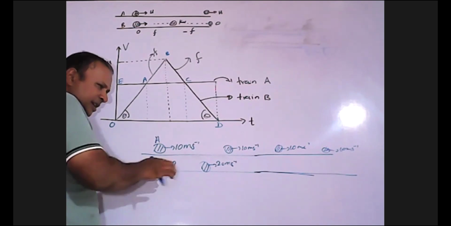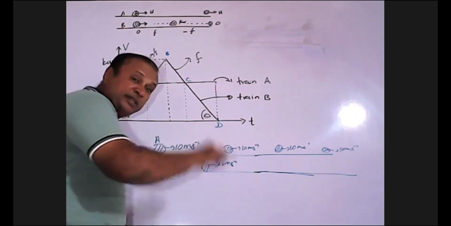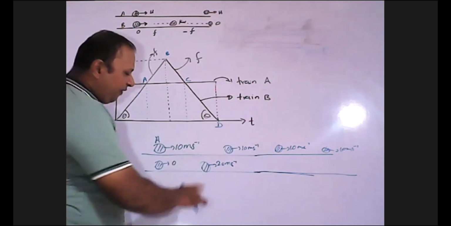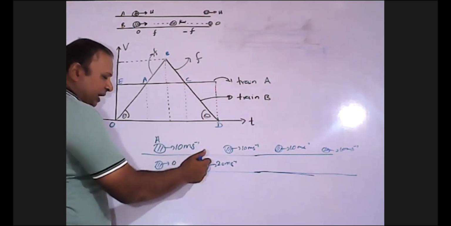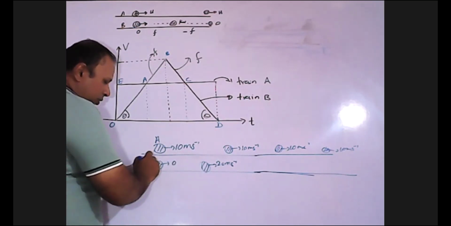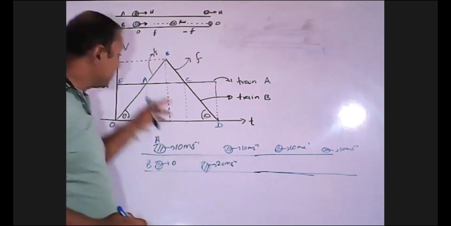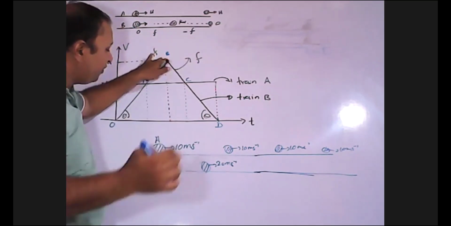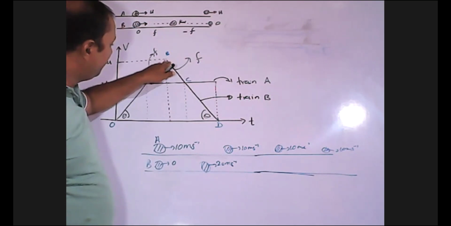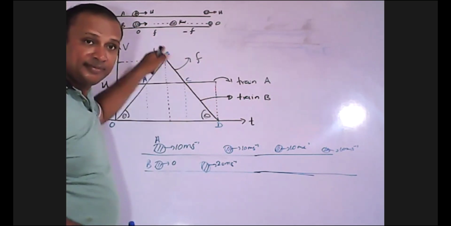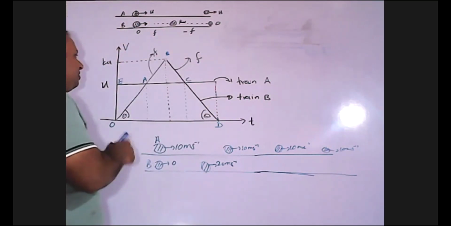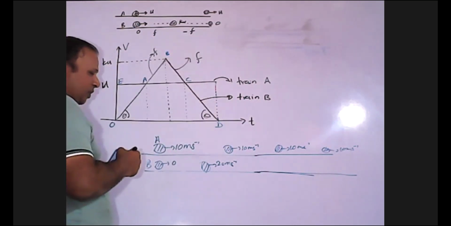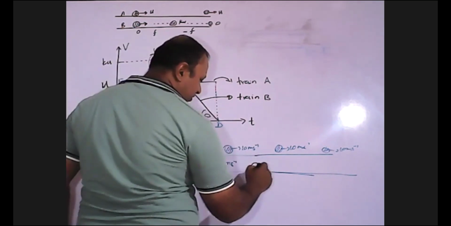Due to that acceleration, the speed of B is increasing. So after some time, the speed of B reaches the maximum limit. Then after that limit, the velocity is decreasing. So after that point, the velocity decreases constantly.